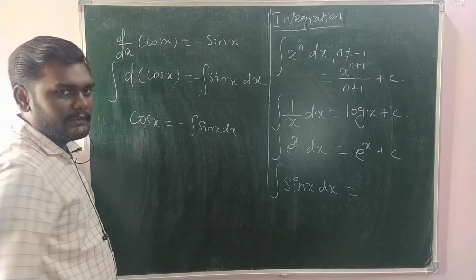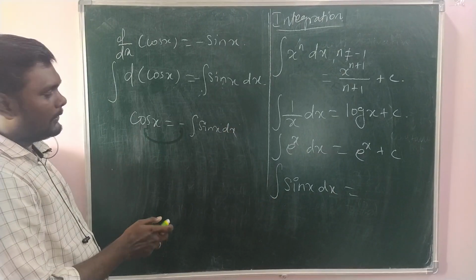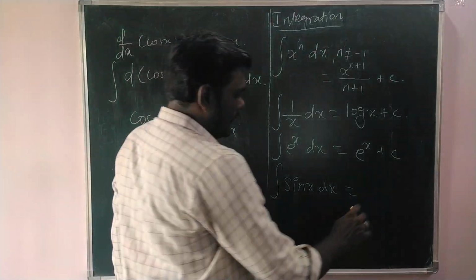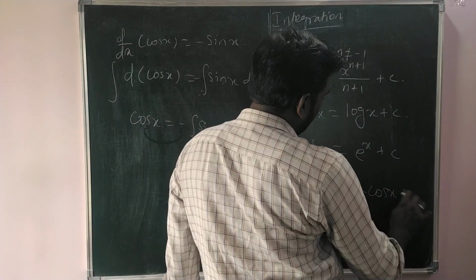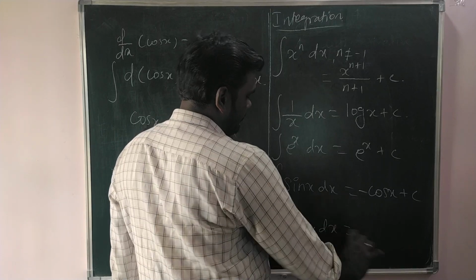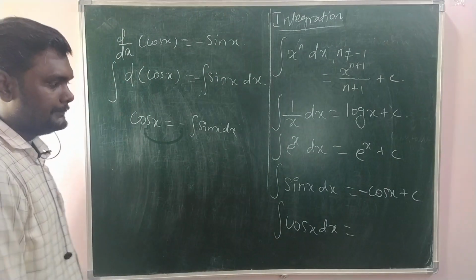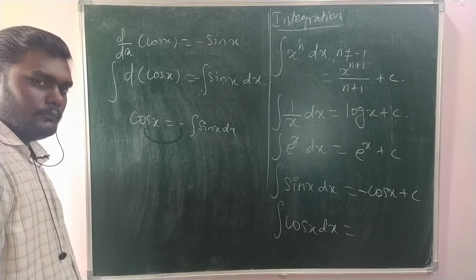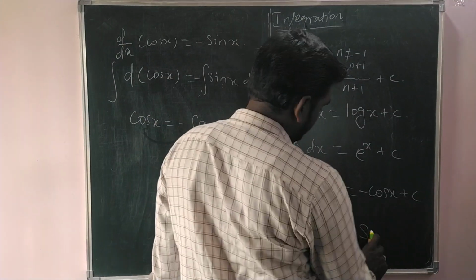We need the integral of sin x dx, so transpose this negative over there. So we have negative cos x plus c. In the same way, integral cos x dx is sin x plus c.